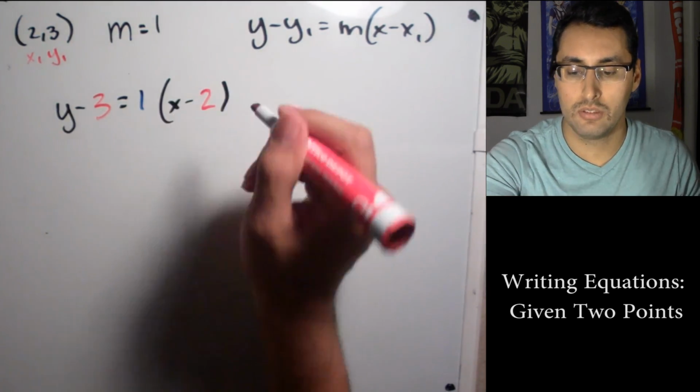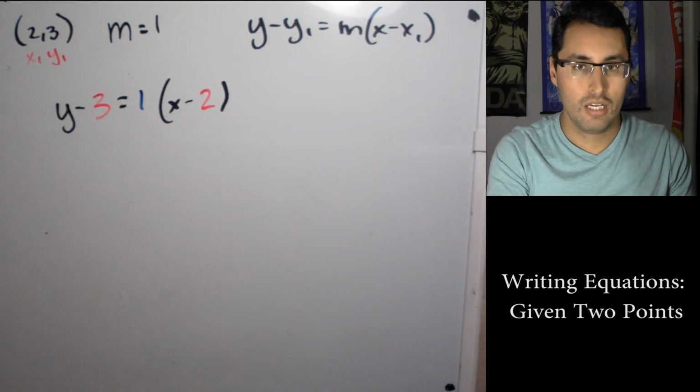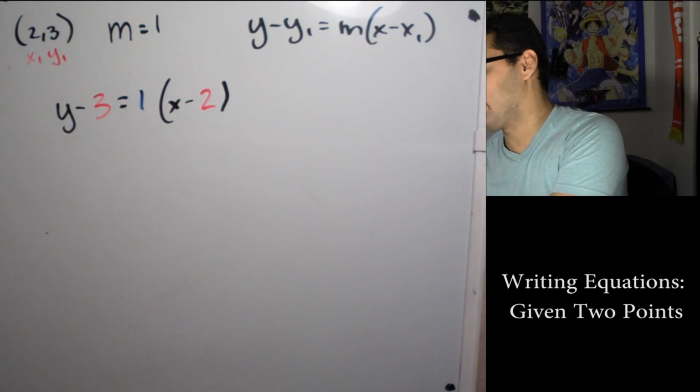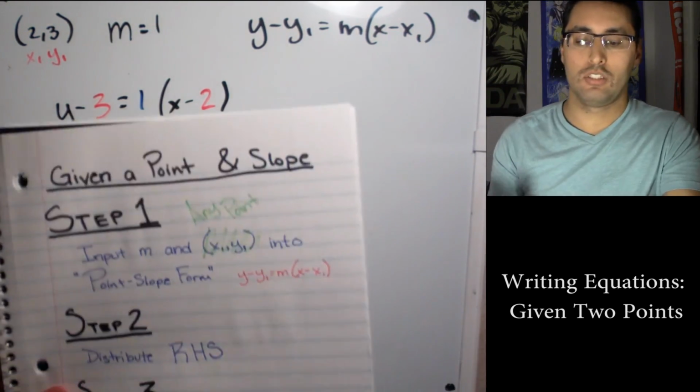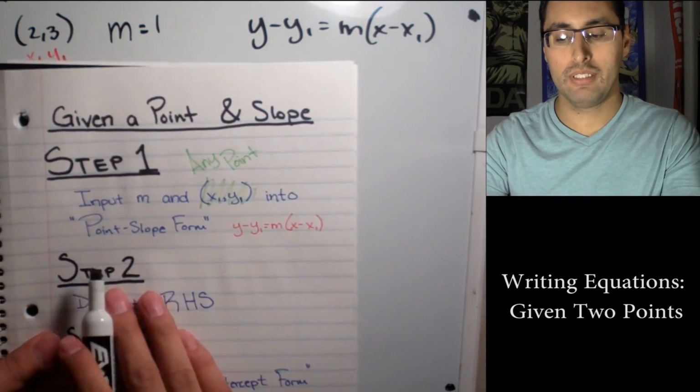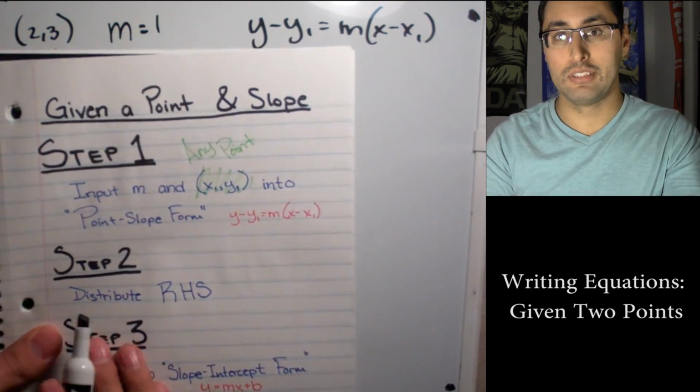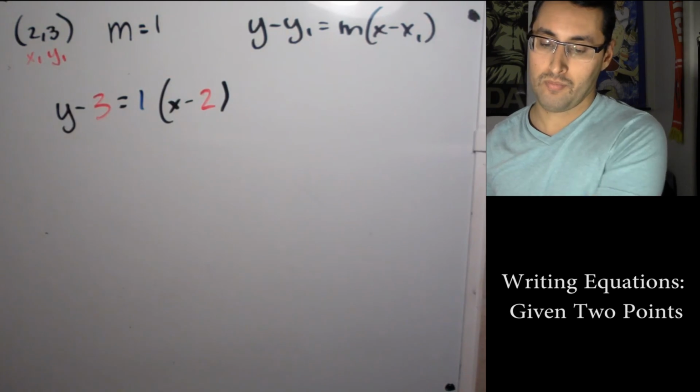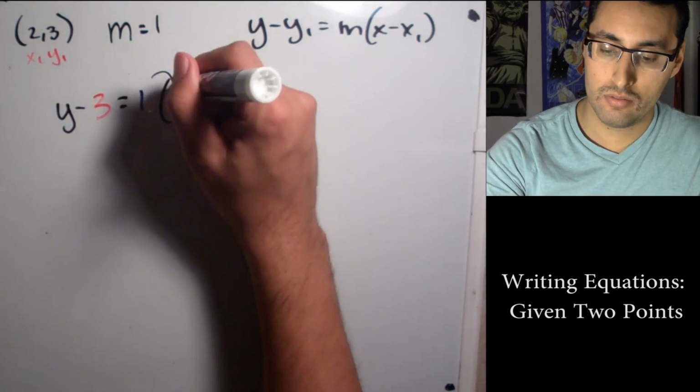So I'll put minus 2 right in there. With this, if we look at the steps we had over here, so far we've input m and a point into point slope form. Now what to do is distribute on the right hand side. So distribute.